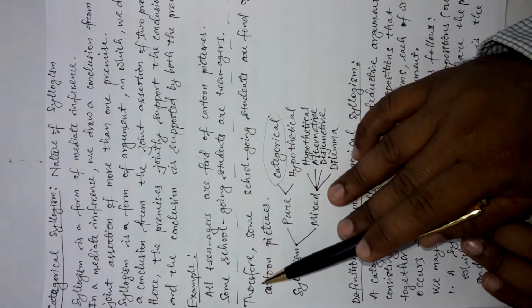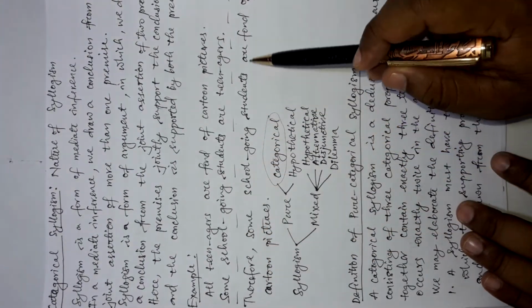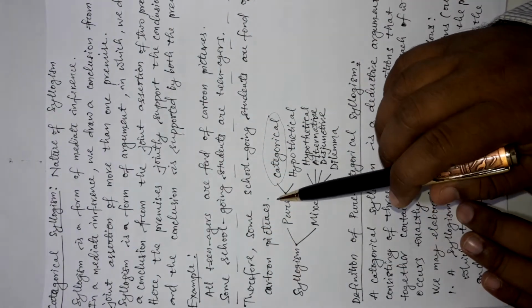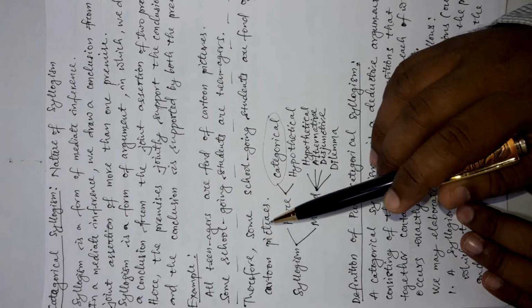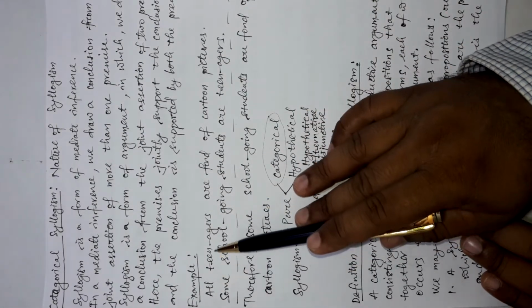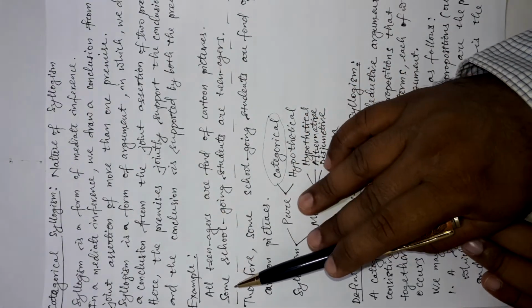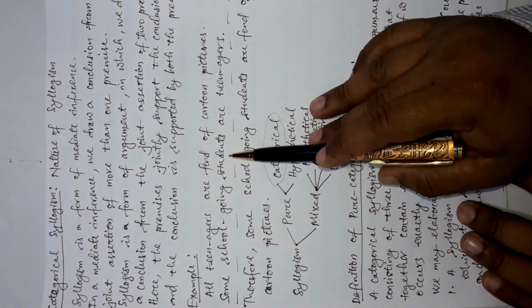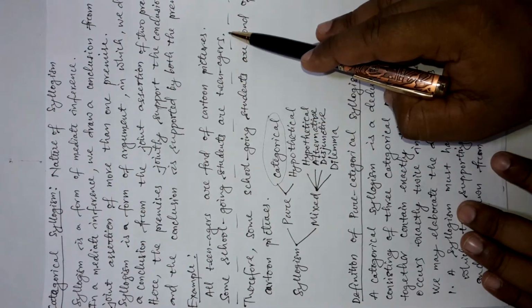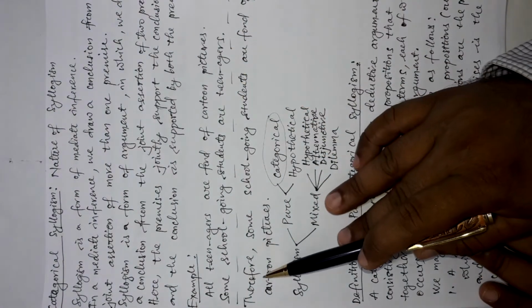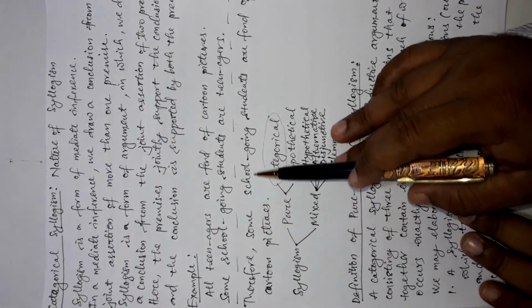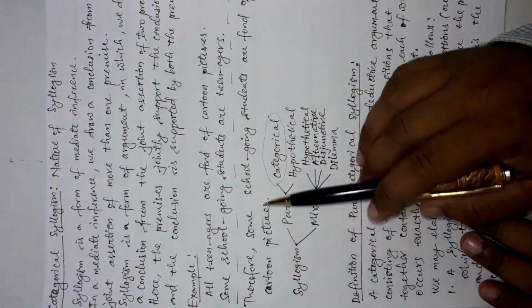The conclusion is: therefore, some school going students are fond of cartoon pictures. So, all teenagers are fond of cartoon pictures is the first premise, some school going students are teenagers is the second premise, and the conclusion is, therefore, some school going students are fond of cartoon pictures.